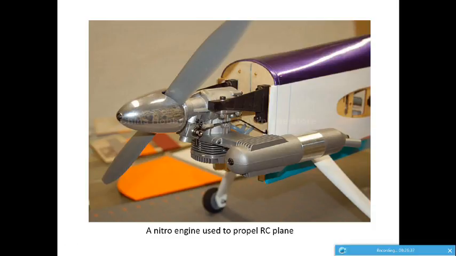Usually on smaller aircraft you don't use this because of their weight. They weigh at least some 100 to 200 or 300 grams. So you usually use a brushless motor for powering small aircraft.